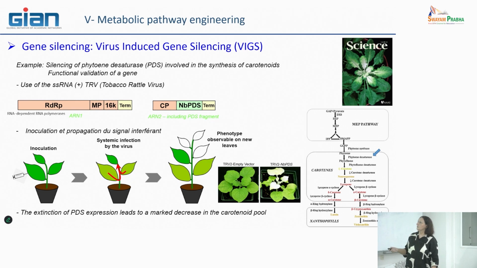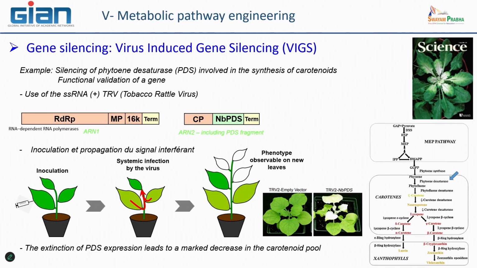Here are the constructions. You see, for example, we use the double RNA of one specific virus I showed you yesterday. Both of them have, for the first one, the phytoene desaturase, and here is a gene targeted by the experiment.